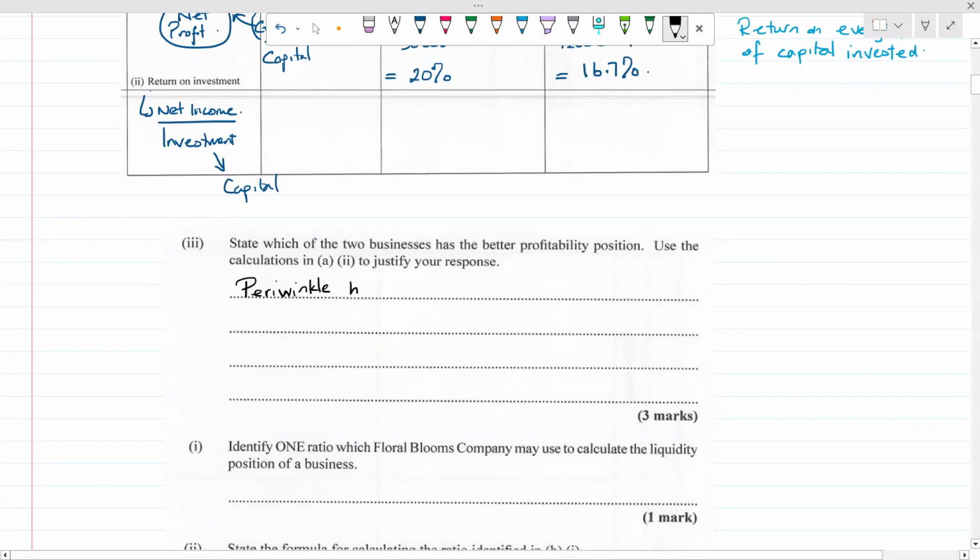Periwinkle has a better profitability position. So you take your stance. That is the 1 mark thing. Now I'm going to justify your response.